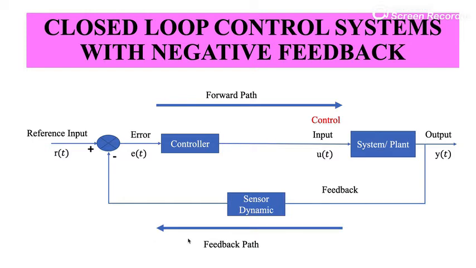Okay, the question that we need to ask ourselves when we design this closed loop control system is, what is the time scale of the sensor response with regard to the time scale of system response. For example, if the system responds in a matter of seconds, and I have a sensor which can provide accurate measurement in a matter of milliseconds, then I may not need to worry about the sensor dynamics.